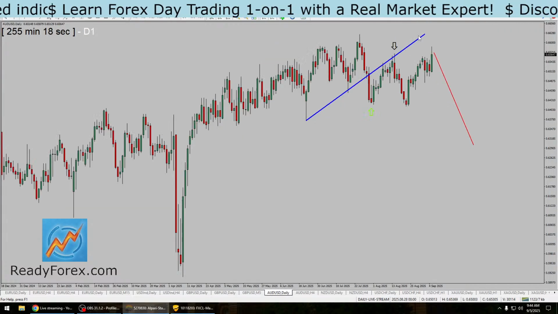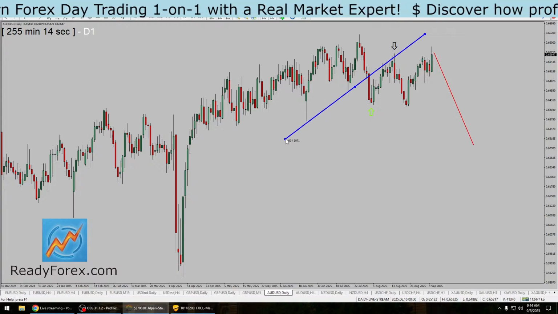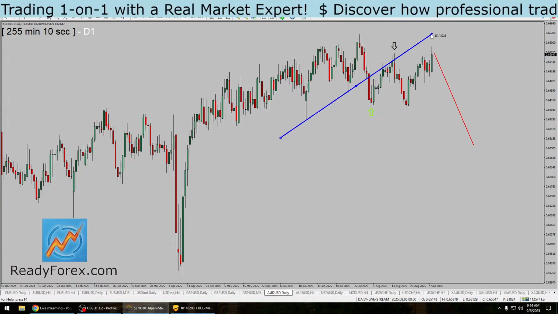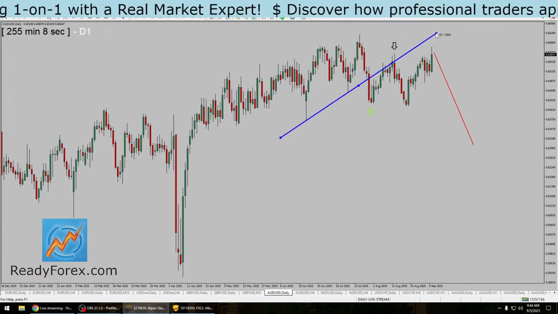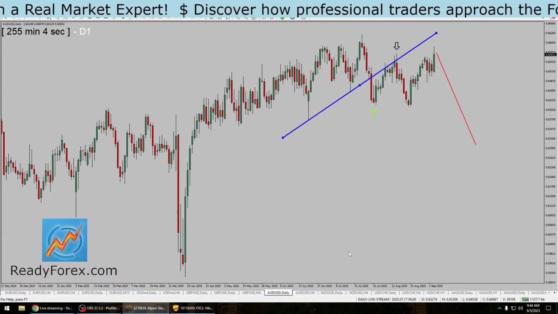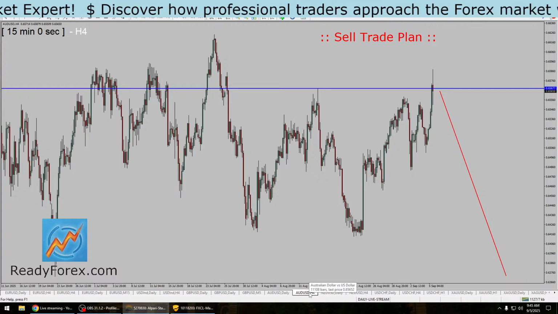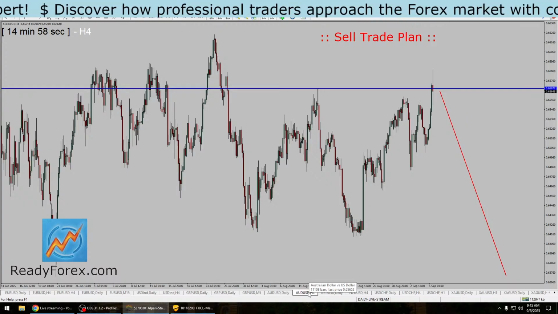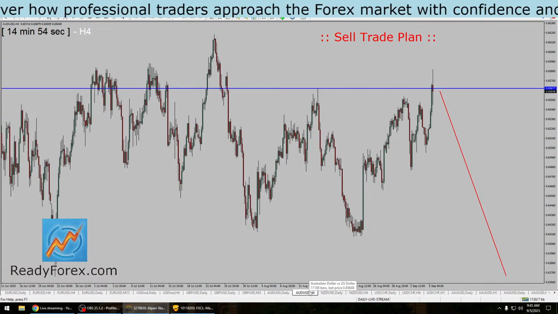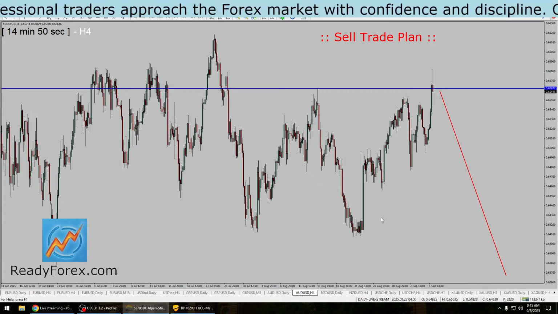Aussie dollar, this is where we got the break of this trend line over here, and it's telling us that weakness is going on in the Aussie dollar currency pair, and it's quite possible that the Aussie dollar is going to drop. Okay, next we have the Aussie dollar AUDUSD.